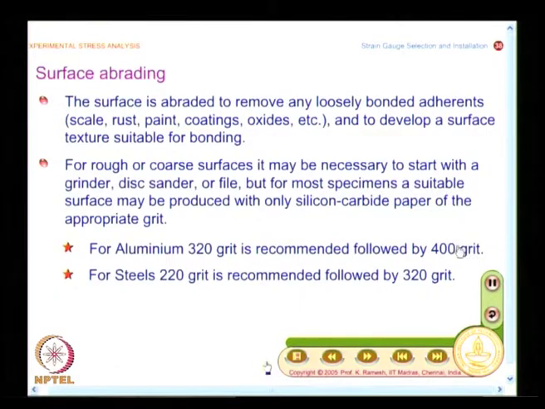And a 400 grit will be much finer than 320 grit. That is how these are numbered. On the other hand, if you go to steels, you should start with a 220 grit followed by a 320 grit.